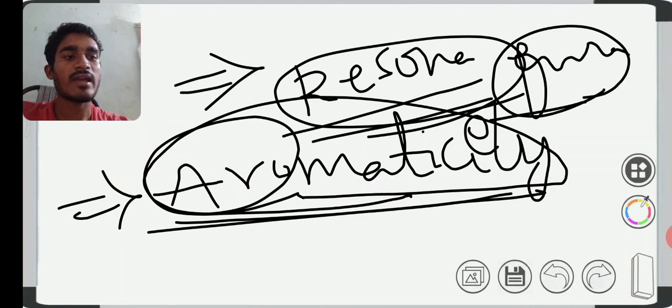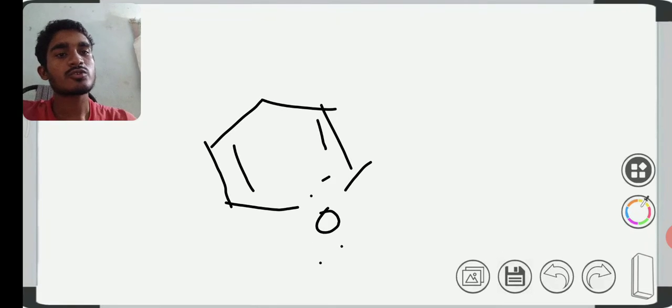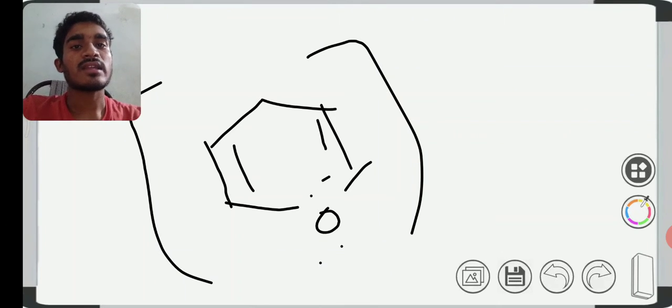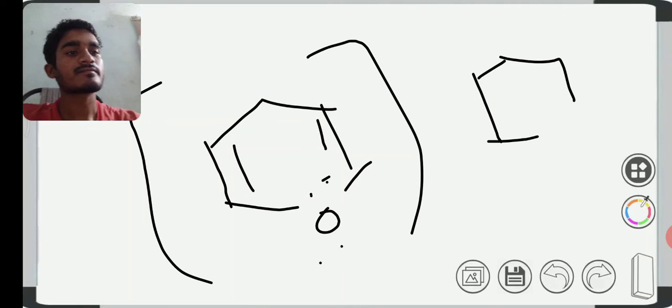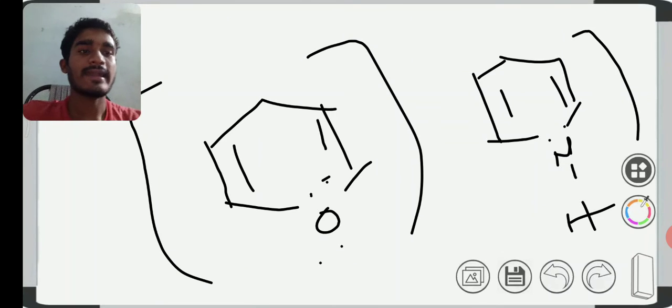Whatever we have, carbon and hydrogen here, this is a furan. It will sometimes follow aromaticity, and compounds are either aromatic or non-aromatic. These are furan structures, and this is a pyrrole structure. Cyclic dienes means cyclic compounds.